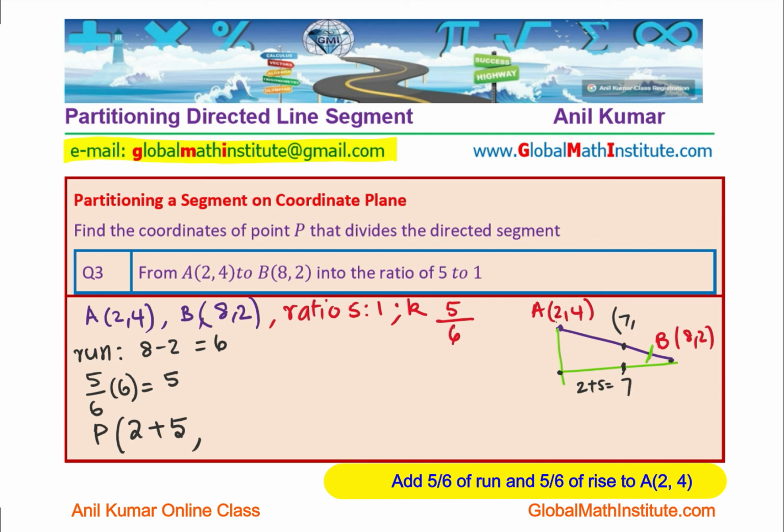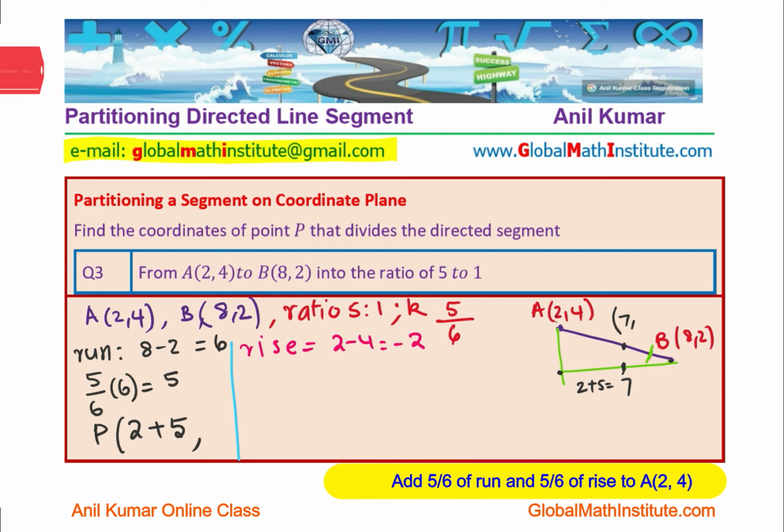Now let's calculate the y value, which is rise. So in this case, rise is how much? Rise is basically, actually it is coming down, right, from 4. So it will be a negative value. That means we'll have to subtract. You get the idea, right? So let's do it like this. 2 minus 4 is minus 2, right?